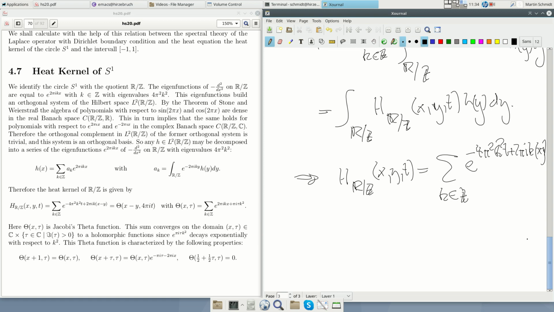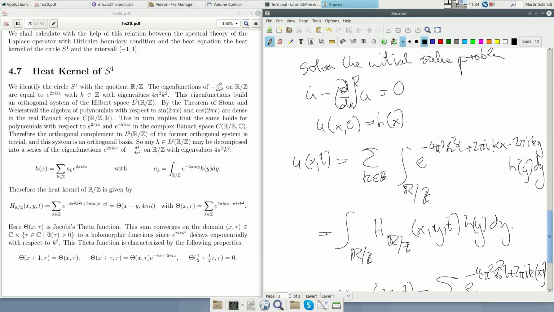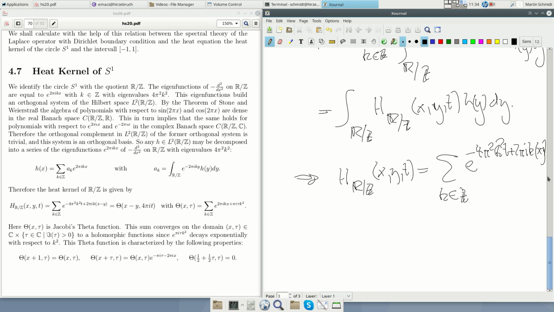Yeah, we can combine this into 2πi k times (x minus y). Okay, so we indeed have this formula for the heat kernel.